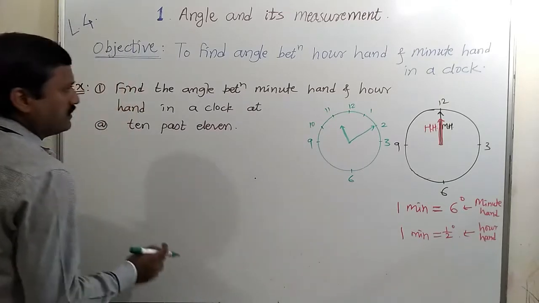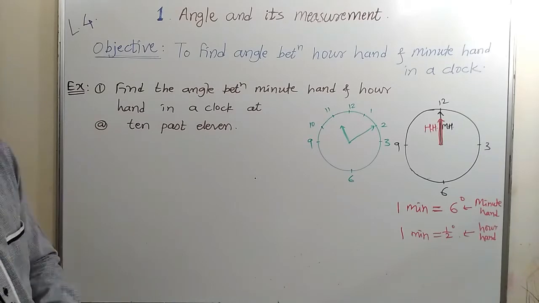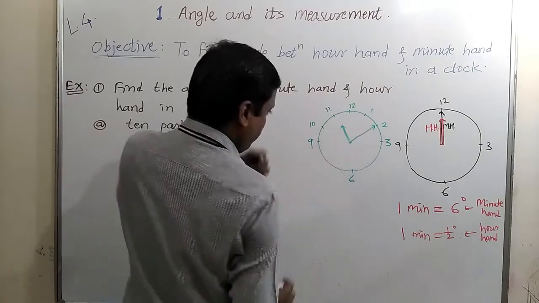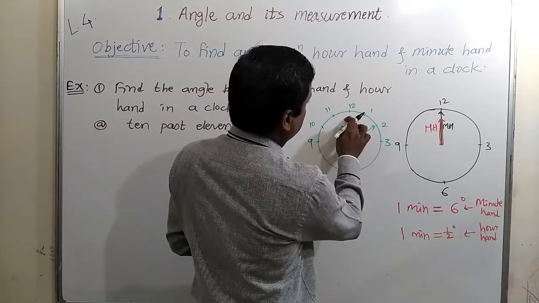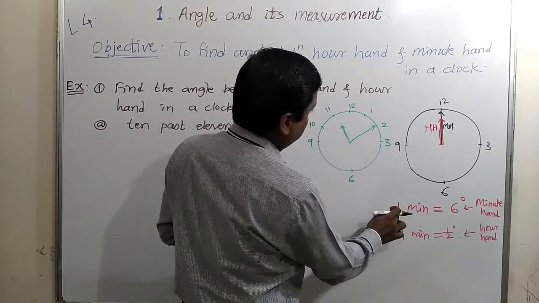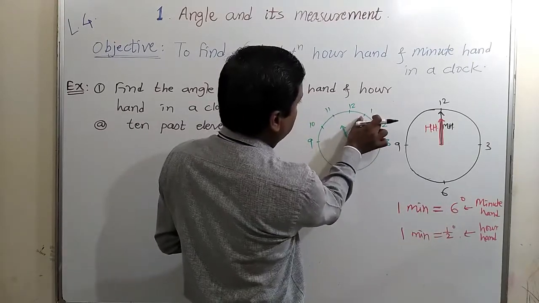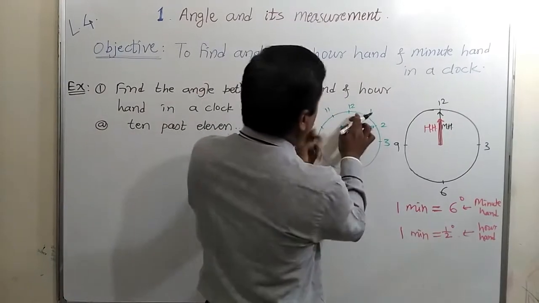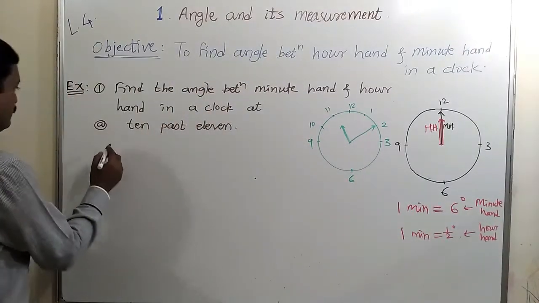Then obviously in this case, when the minute hand covers 1 hour it covers 30 degree in 5 minutes. So this will be 30, this will be 30, 60. The angle between these 2 hours is 30 degree. So 30 plus 30, this angle will be more than 60 degree.